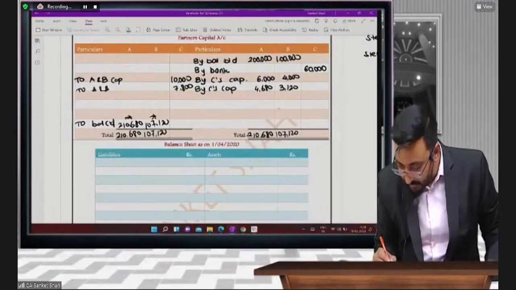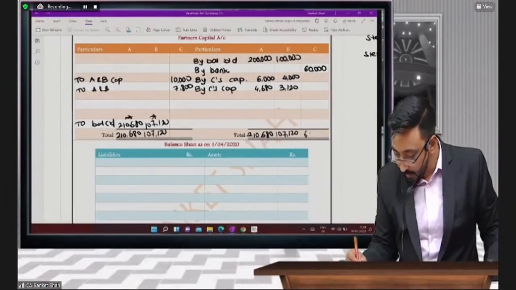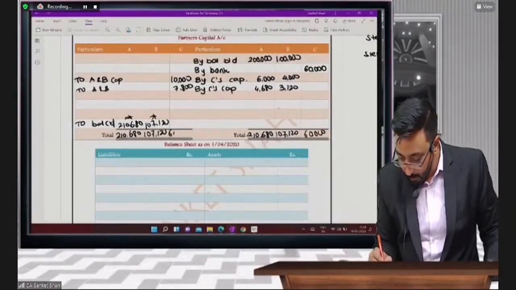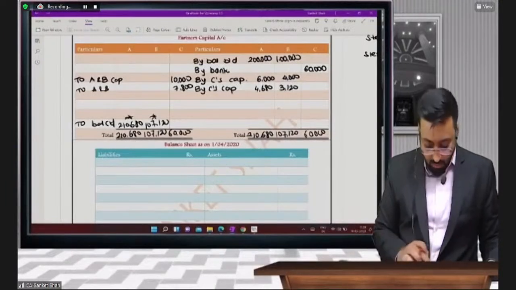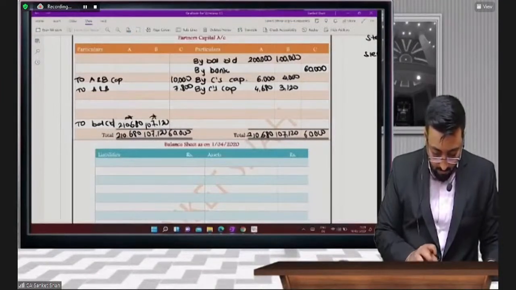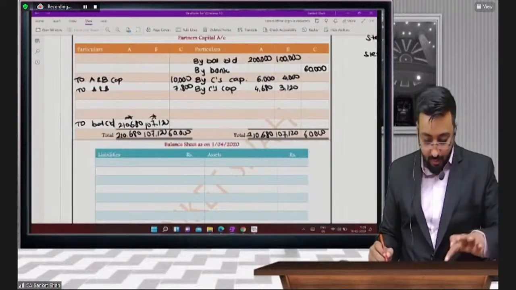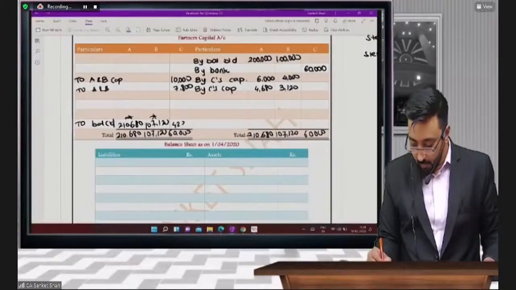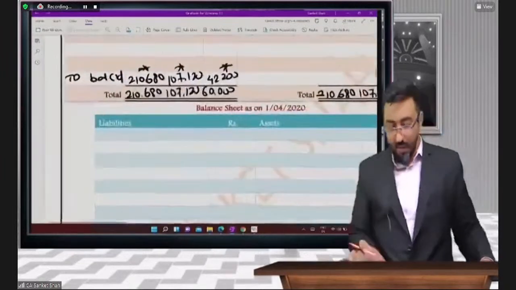These are some balancing figures. Here it is 60,000, and 60,000 minus 17.8 is 42,200. Star mark for balancing figure.